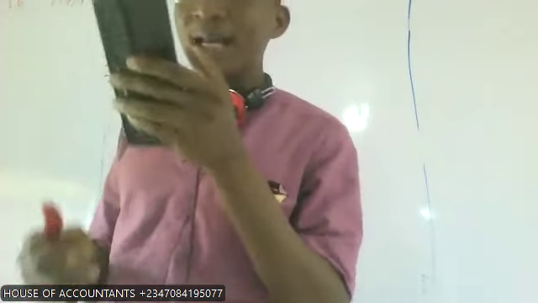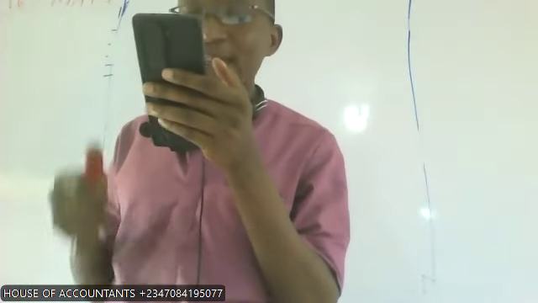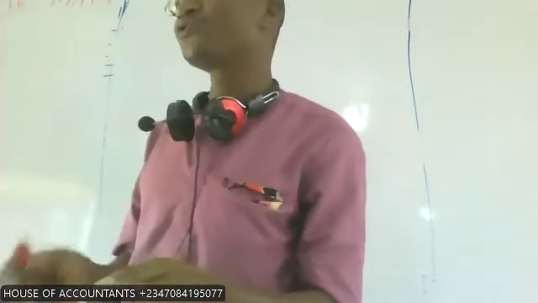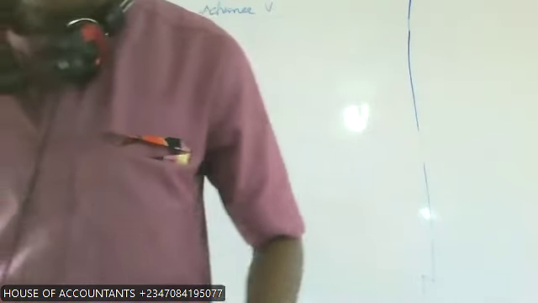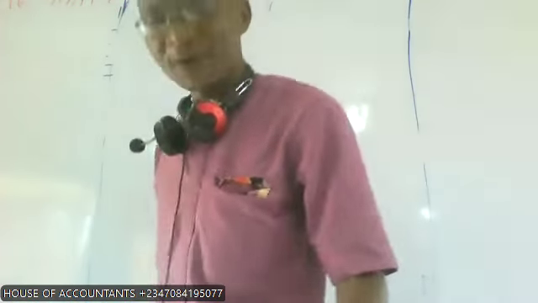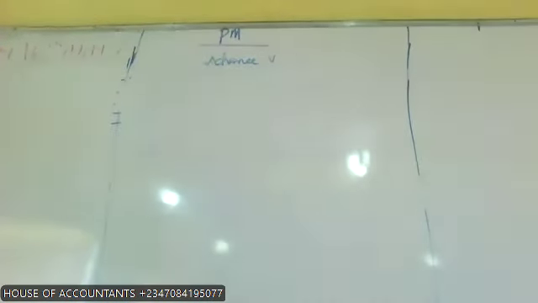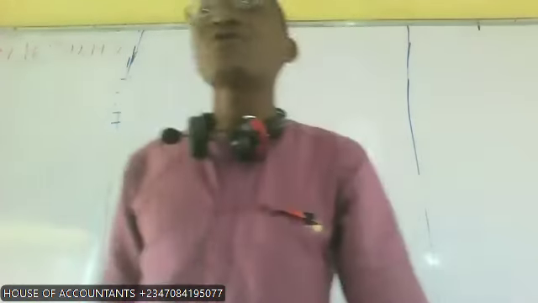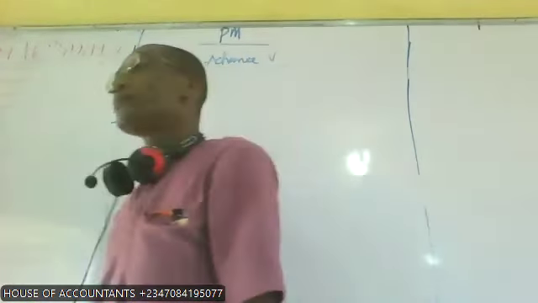Now, the first thing they ask us to do is the budgeted and actual contribution. So the first thing to get here is the budgeted contribution and the actual contribution. How are we going to know there's a discrepancy or variance?